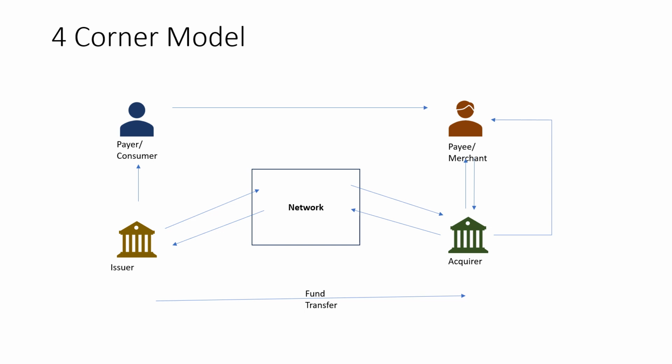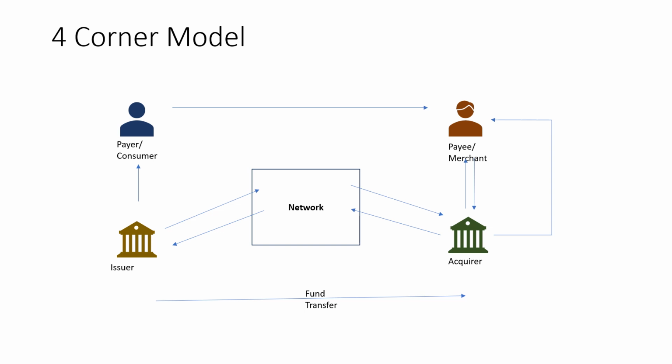And the payee has an acquirer that helps him or her to accept the payment. The acquirer may need to talk to the issuer to pull the funds, and there is a network between acquirer and issuer, and this network facilitates the fund transfer from issuer to acquirer.